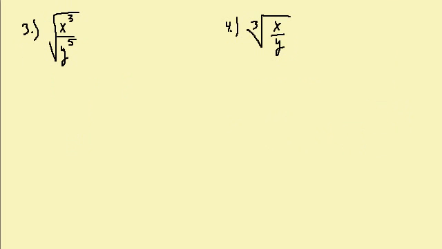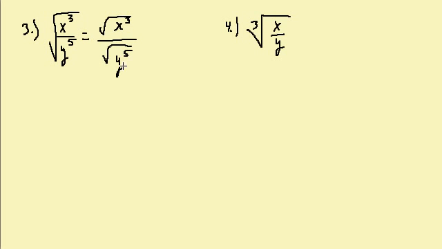Alright, let's look at another one. I have the square root of x cubed over y to the 5th. So the first thing I'm going to do is split up the fraction. So that's going to be the square root of x cubed over the square root of y to the 5th.